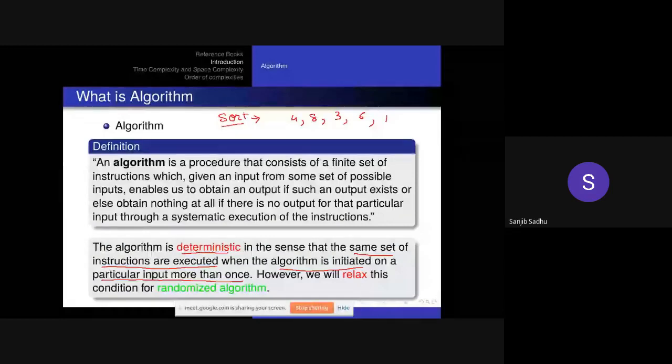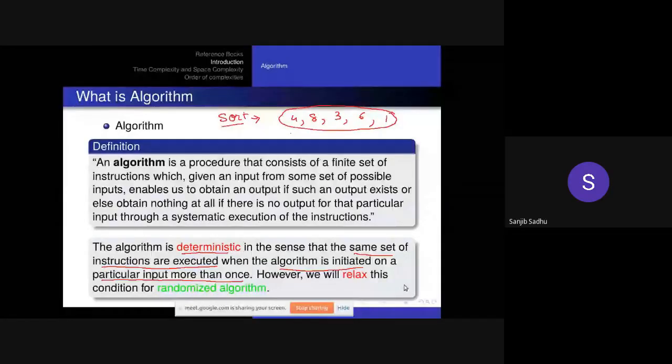Say after 20 steps you get the output. All the 20 steps will be exactly the same if you do not change the input. But if you change the input, say take some different data, then the instructions will be different. So the instructions which are executed remain the same if the input is the same. That is called a deterministic algorithm.